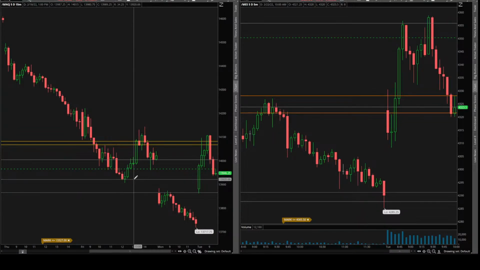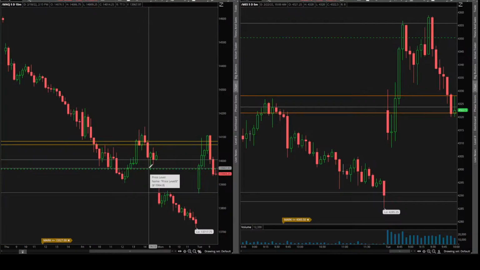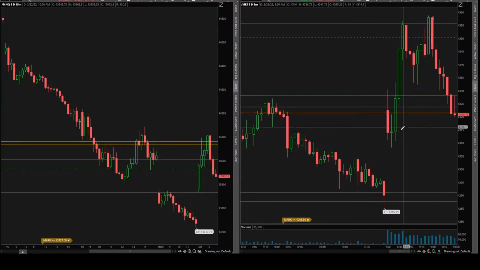NASDAQ still weak though. It can't get above the overnight high. E-mini looking pretty weak here, especially with this wick we just put in. So let's see. Okay, I'm watching the 1 minute.